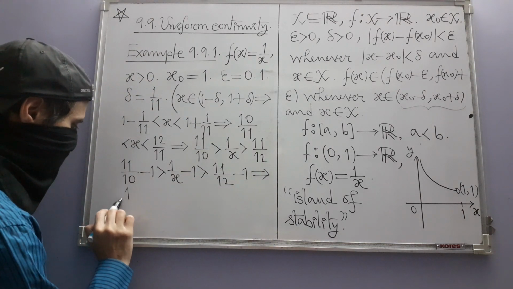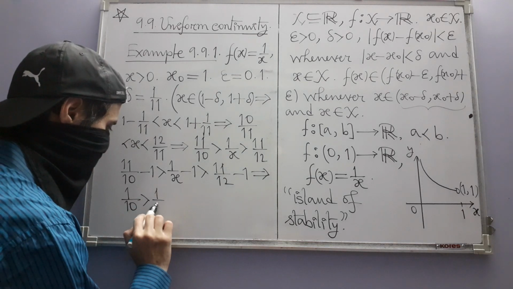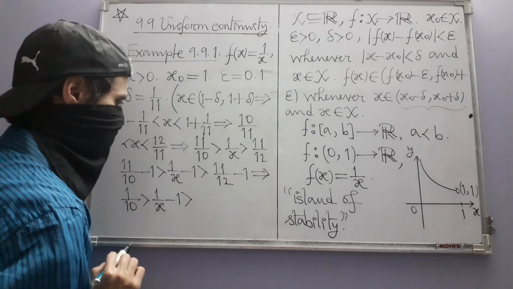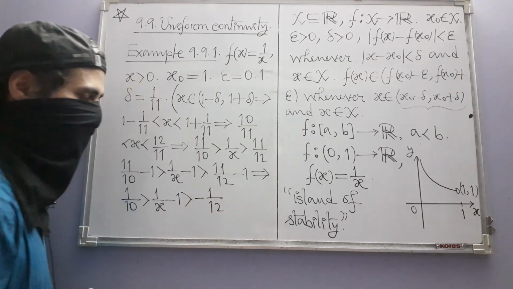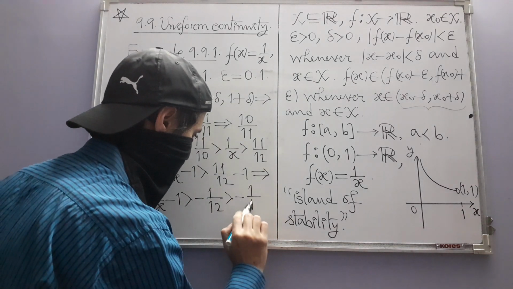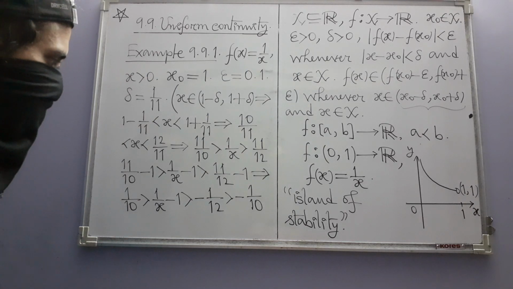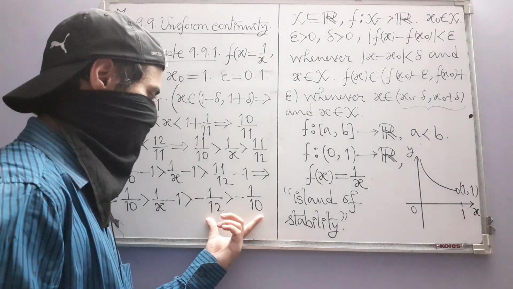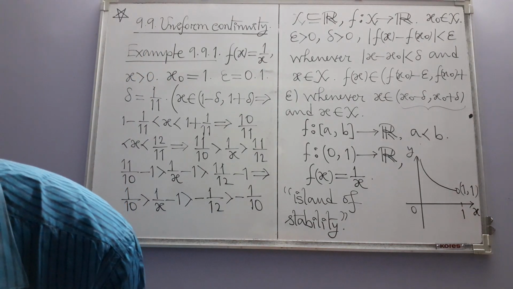11 minus 10 is 1. So 1 over 10 is greater than this, which is greater than this one will be minus 1 over 12. And minus 1 over 12, it turns out, is greater than minus 1 over 10. If you find it a little difficult to suddenly understand this, you can of course argue like this.